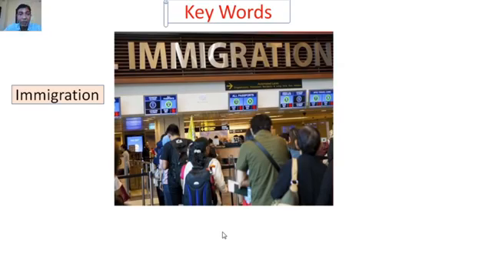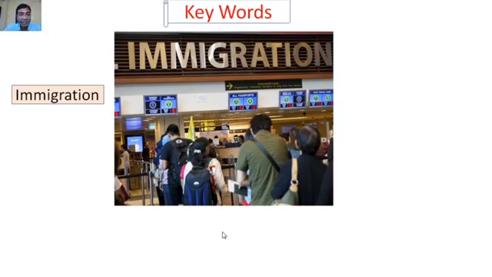So immigration means to move from one country to another, or it also means the place at the airport where the government officials check the passport, visa, etc. of the people entering that country.